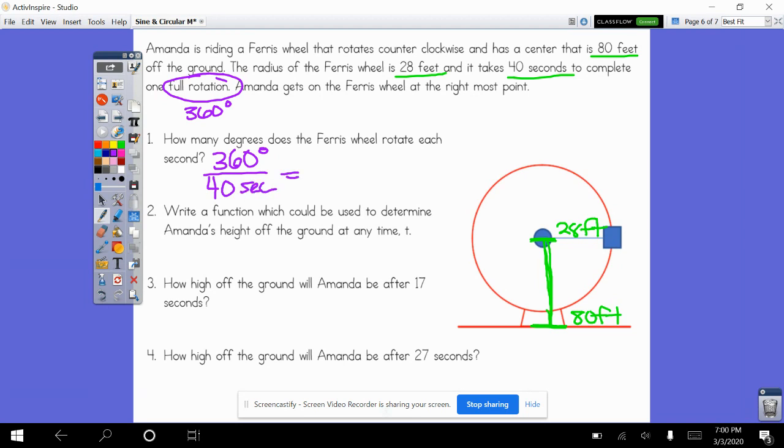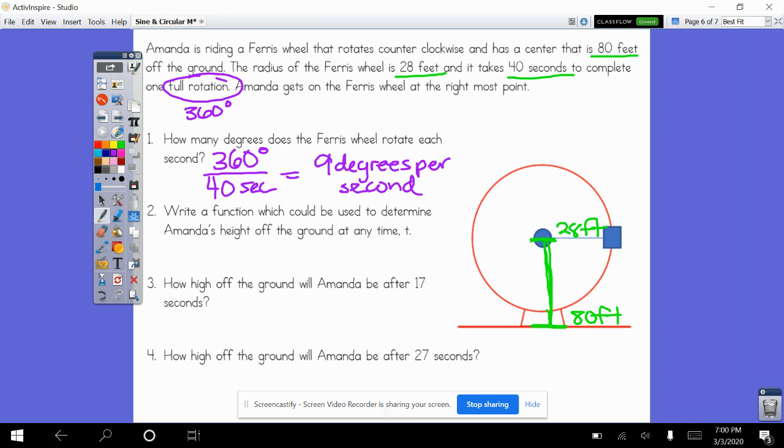If I divide those, I get 9 degrees per second. You may or may not need a calculator for that, depending on how your mental math skills are. Okay, so 9 degrees per second. You just take the total degrees, which is always 360, divide it by the amount of seconds it takes, 40 seconds.